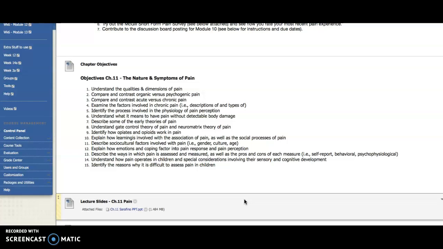A lot of times children mask their pain because they don't know how to talk about it. They don't know exactly what they're feeling. And so it can manifest in all different kinds of ways. So health psychologists in particular are very acute at assessing children.